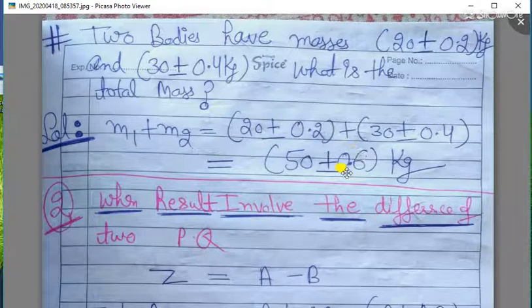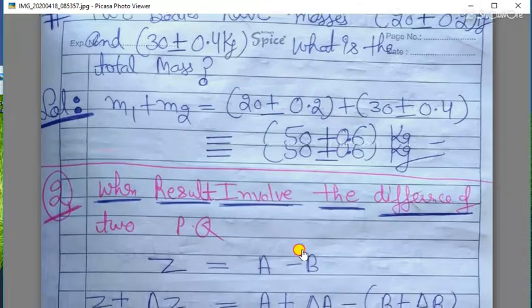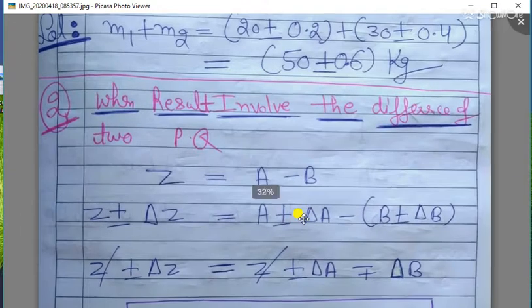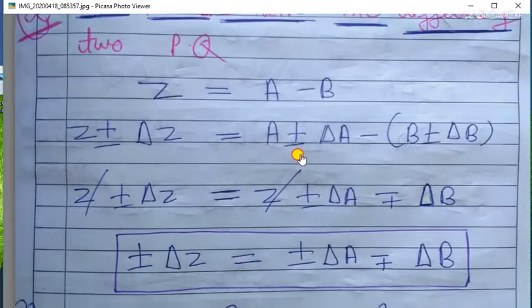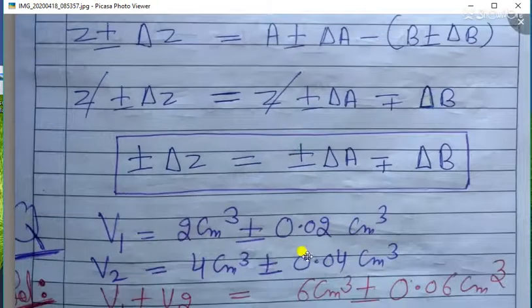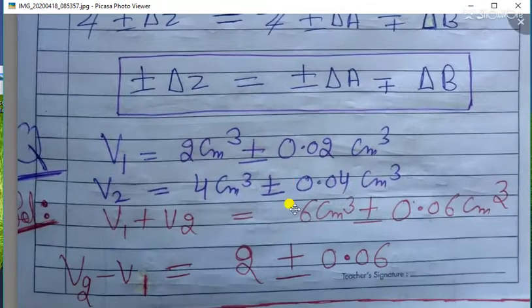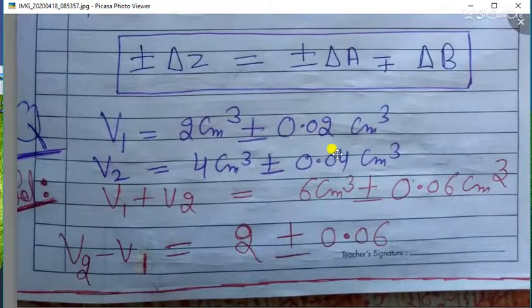So the maximum error is 0.6. If you have not watched that video, you can visit it, the link is given in the description. In the similar way, in the case of subtraction, the error is simply addition. I have already explained it by giving examples.